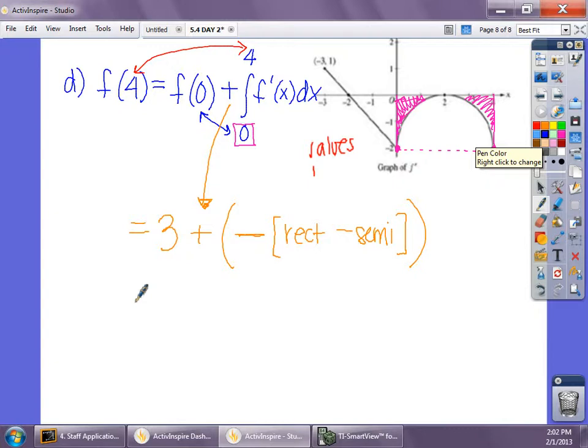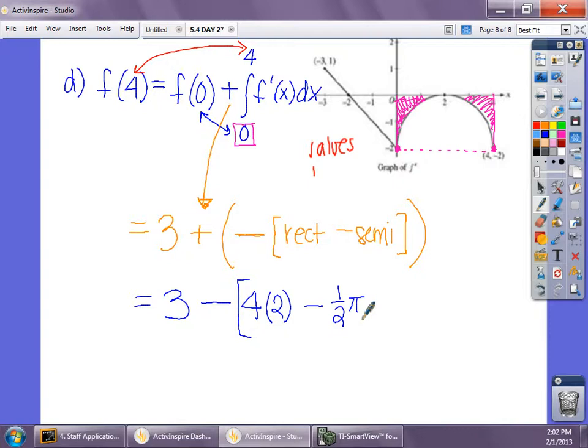Putting it in words just because I'm not there and I can't answer questions if you get confused. So we really do turn into a minus sign. The rectangle has a width of 4 and a height of 2. The semicircle is 1/2 pi. The radius is 2. 2 squared is 4, so that would be the r squared right there.